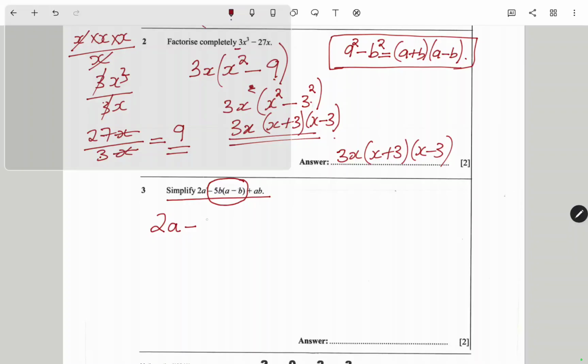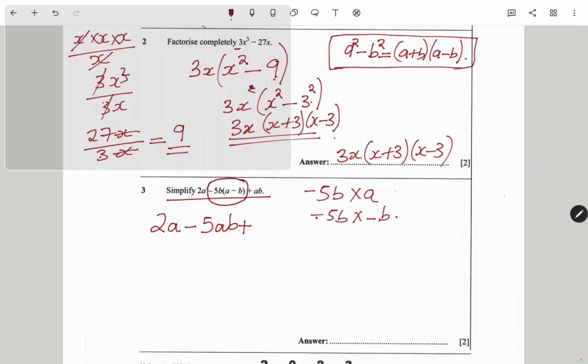This will give us negative 5ab. We'll just multiply negative 5b times a, then again we'll say negative 5b times negative b. So this has given us this one. Then now, negative times negative, it is positive, so it will be plus here.